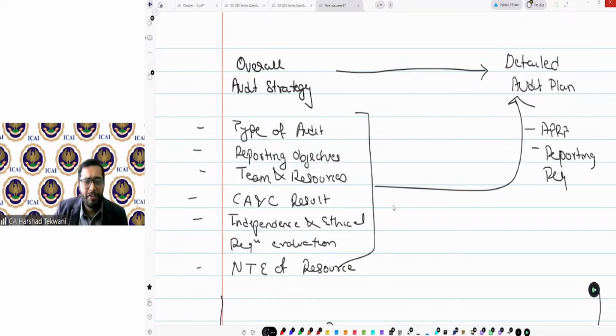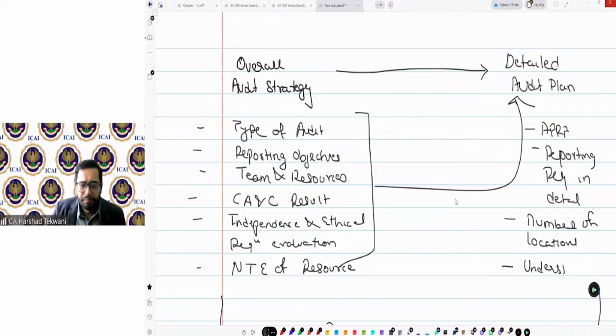So these reporting objectives become reporting requirements in detail. Then you have the number of locations to be covered. Then you have an understanding of the entity.